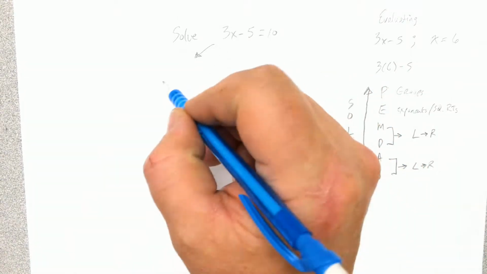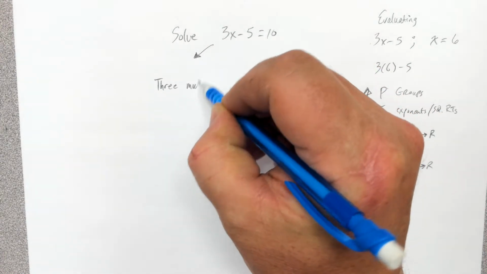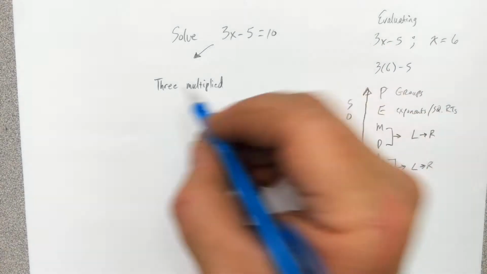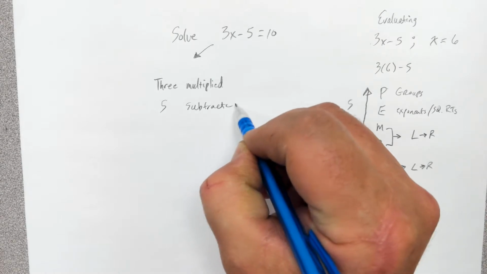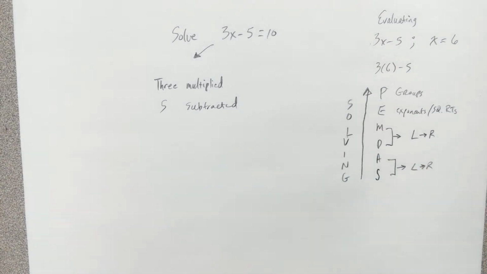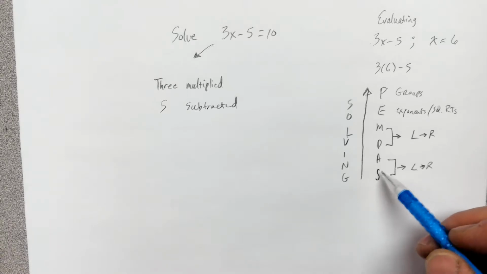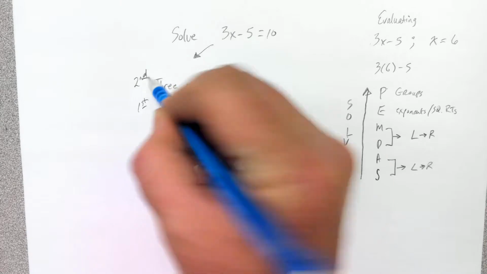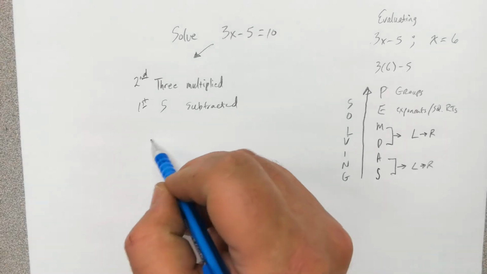So here's what I got. I got 3, and it's being multiplied, and then I've got a 5 that's being subtracted. Well, when you're solving, you're doing PEMDAS backwards. So we have to do this first, and then we do this second, like that. That's it. So let's do it.